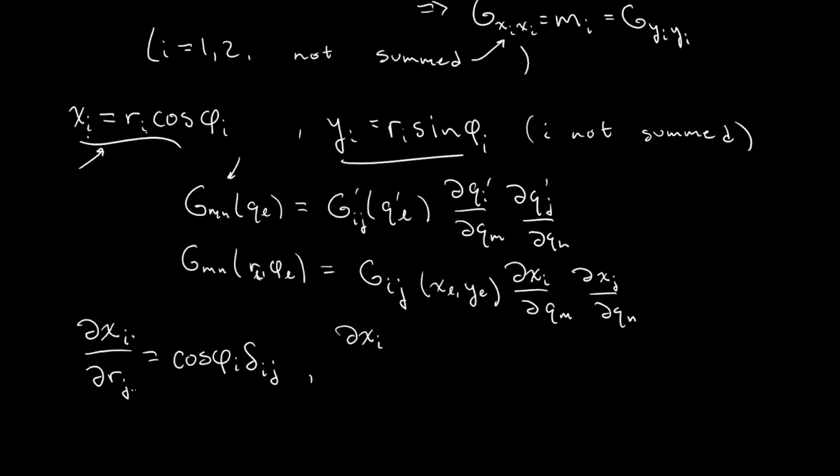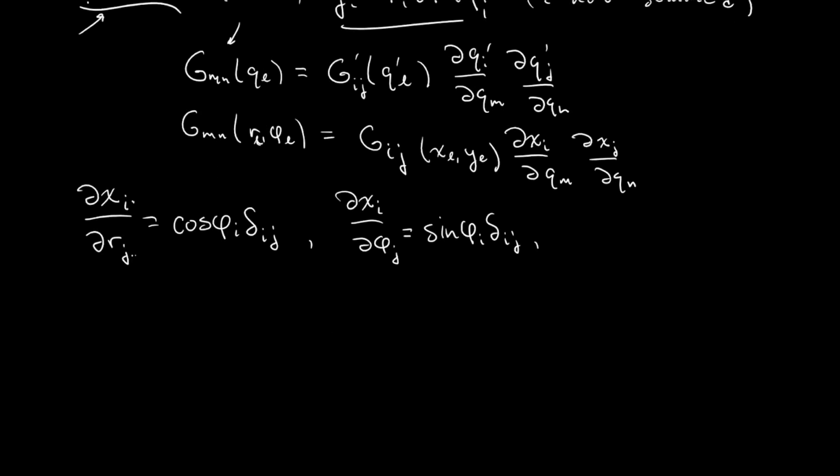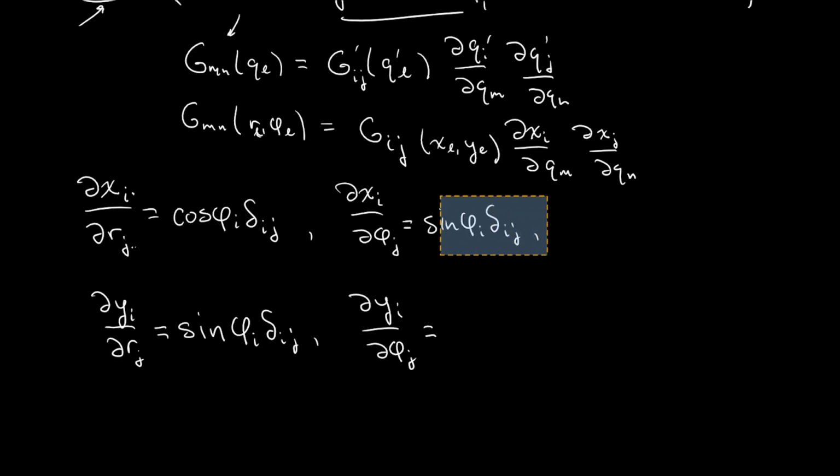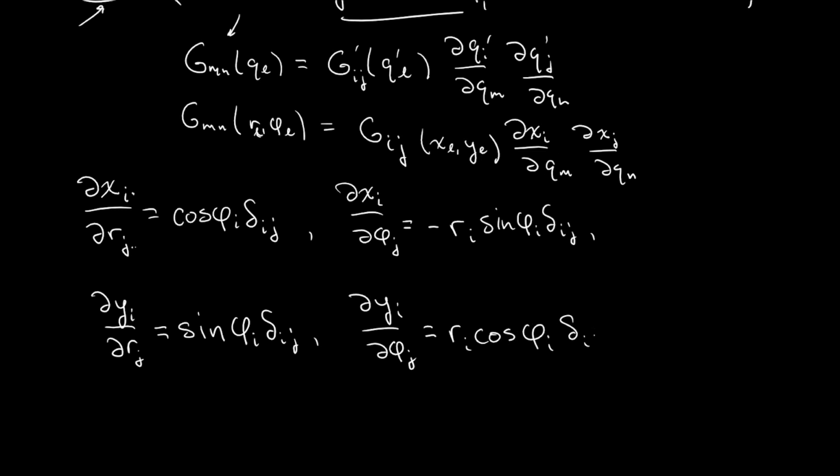And I can keep doing this. ∂x_i/∂phi_j is equal to minus r_i sine phi_i delta_ij. Then ∂y_i/∂r_j is sine phi_i delta_ij. And finally, ∂y_i/∂phi_j is r_i cosine phi_i delta_ij, where again in all four of these i is not summed. Sorry, I messed one of these up at first; the phi derivative of x should have the minus r_i.